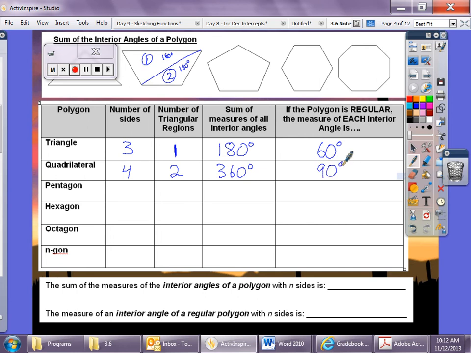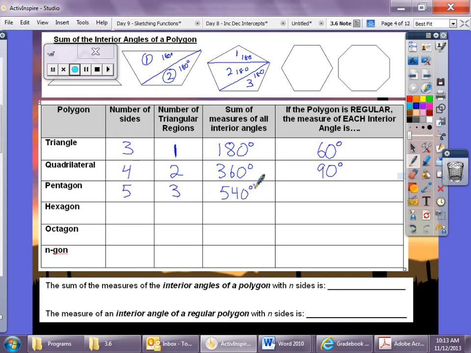A pentagon has 5 sides and 3 triangular regions. So we have 180, 180, and 180, so that's 540 degrees.